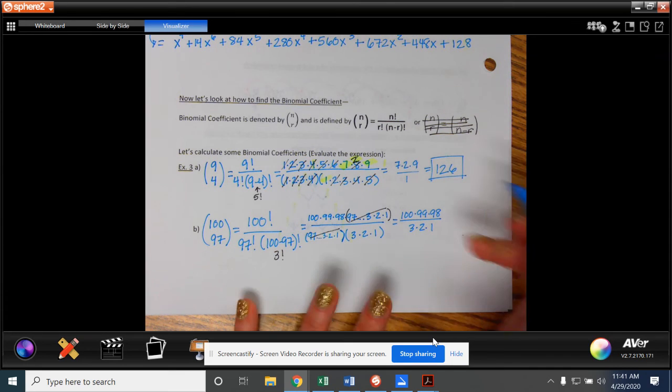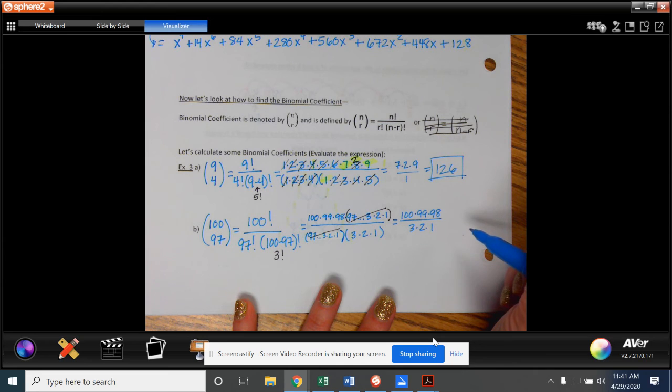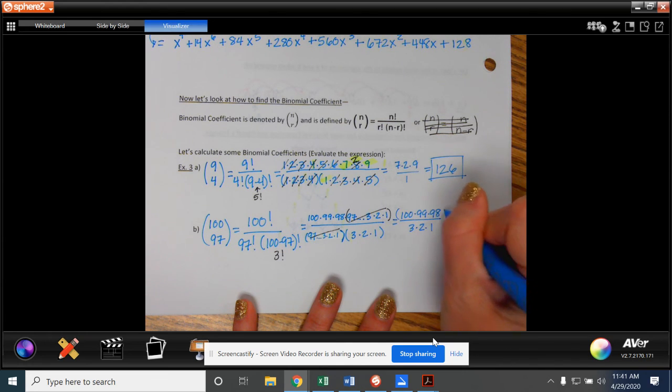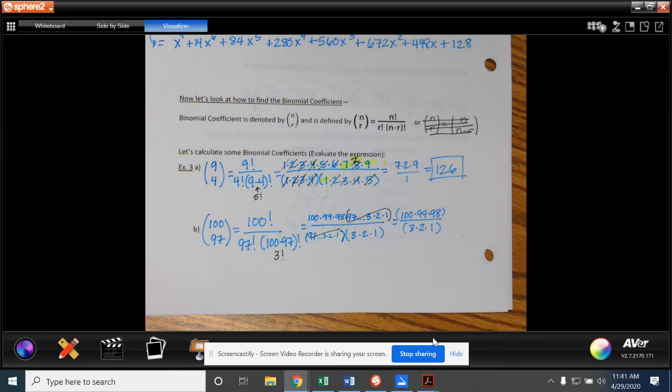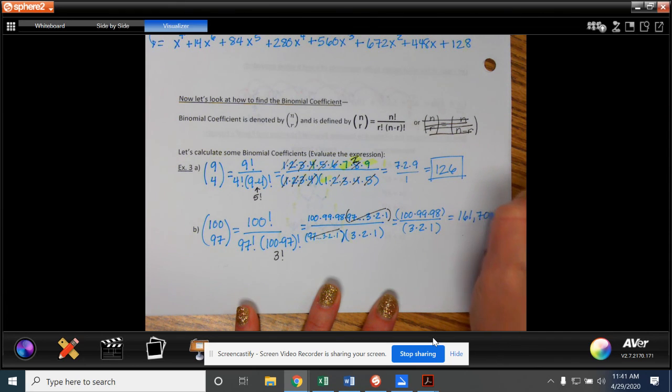Make sure that if you're going to plug this in as one item, you put the top in one parenthesis and the bottom in another parenthesis. Otherwise, you'll get a different answer in the end. The coefficient in the end is 161,700.